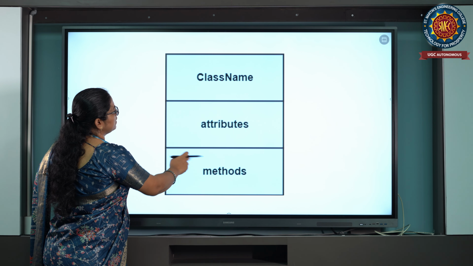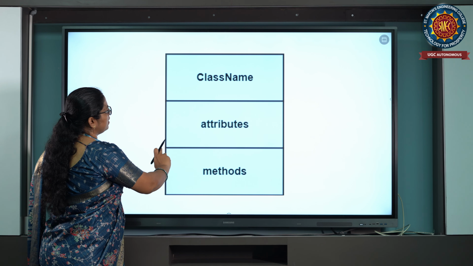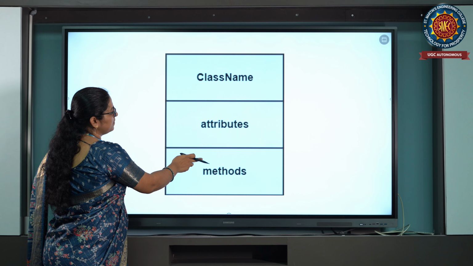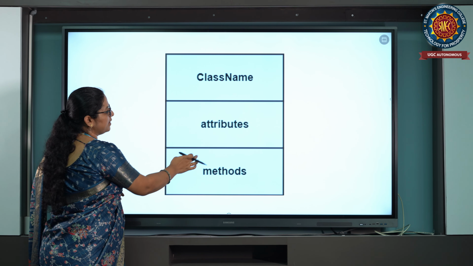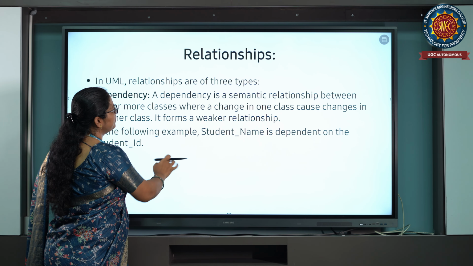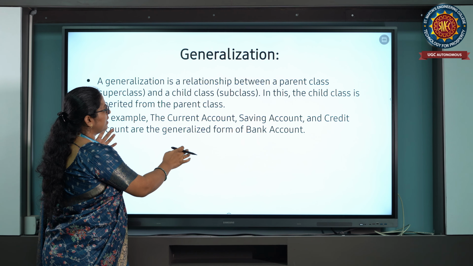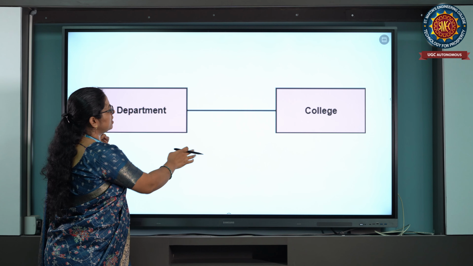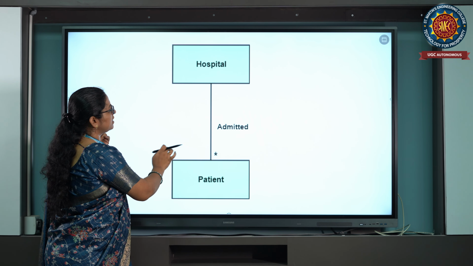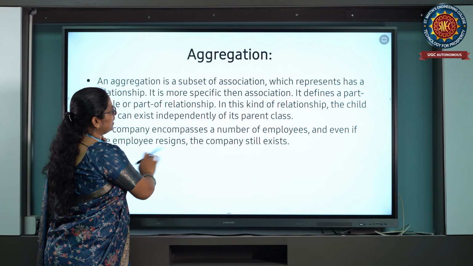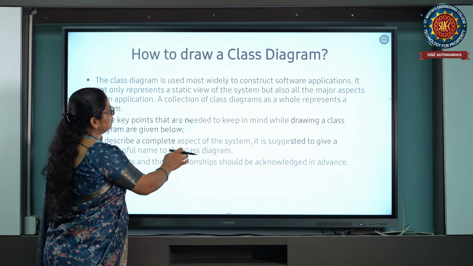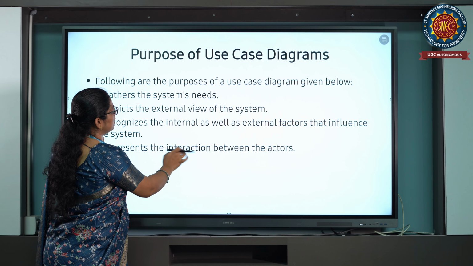In a class diagram, we are using three sections: class name, attributes and methods. Next, relationships are already discussed: generalization relationship, aggregation and association relationship, multiplicity relationship, and composition.